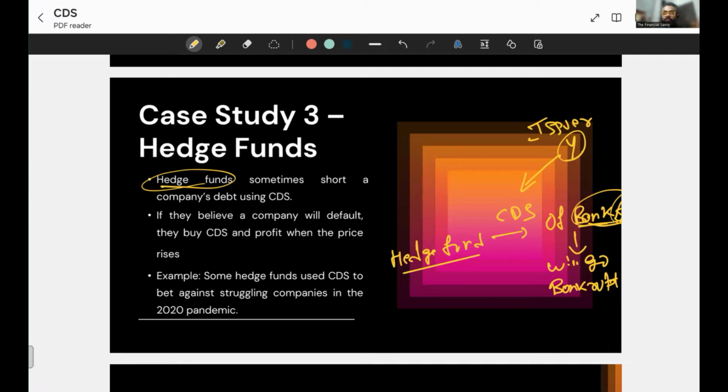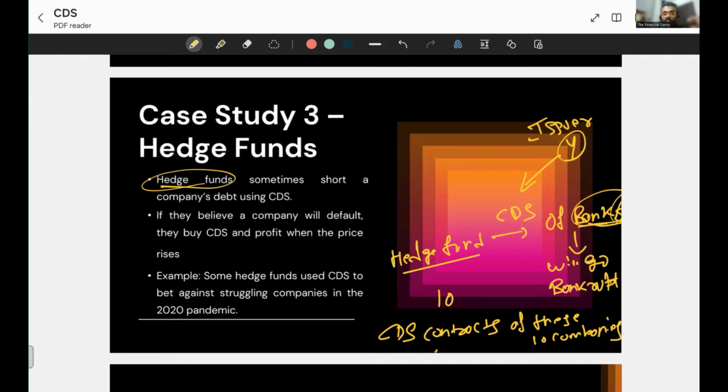So this even happened during the 2020 pandemic as well. Hedge funds used CDS to profit from struggling companies, because they had already shortlisted, say, 10 companies that would default in the near future, and right now they could buy the CDS contracts of these 10 companies, because as of now the CDS against these companies were trading at very low prices.